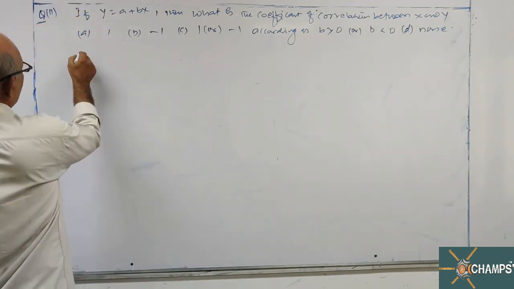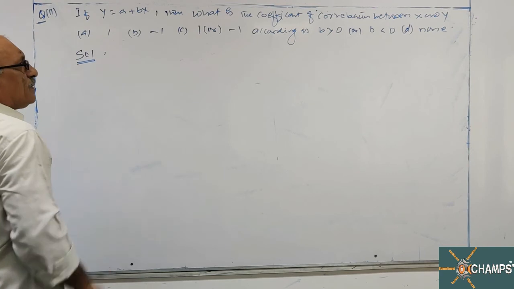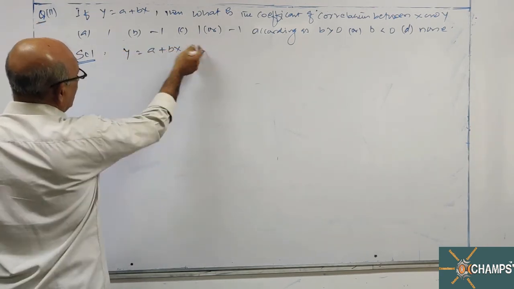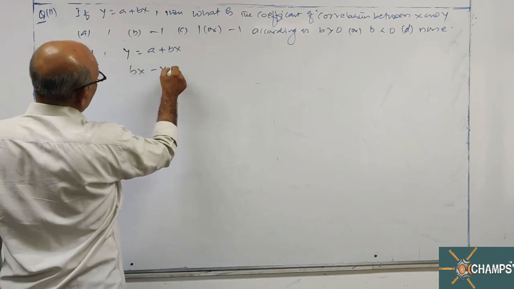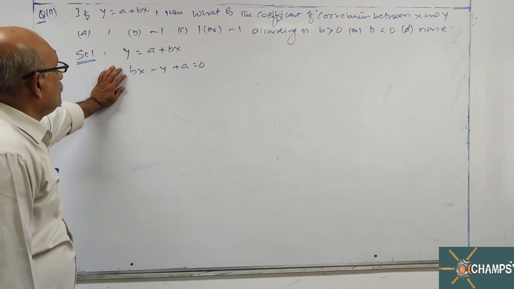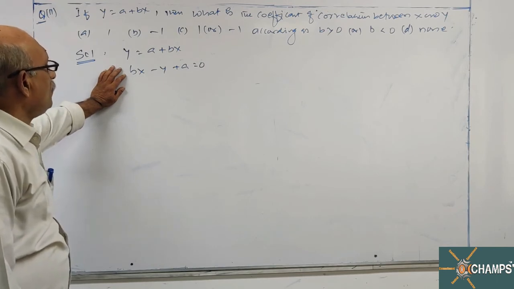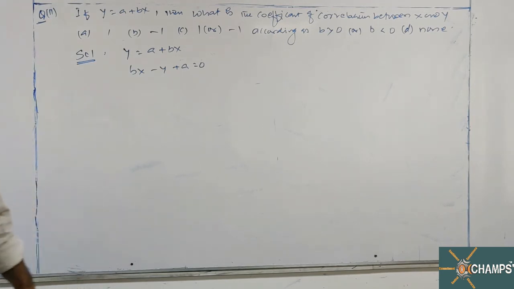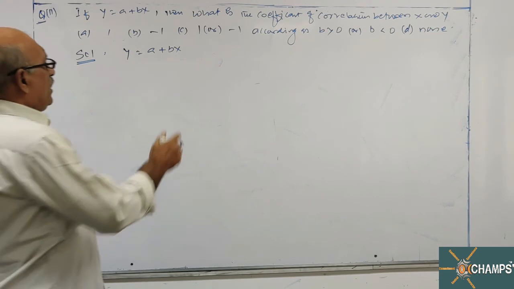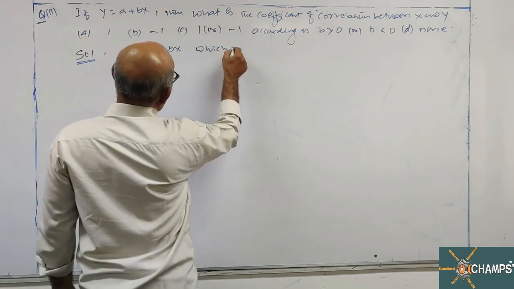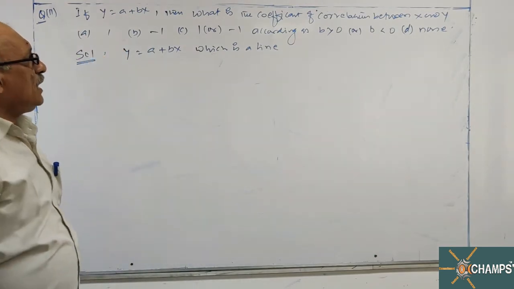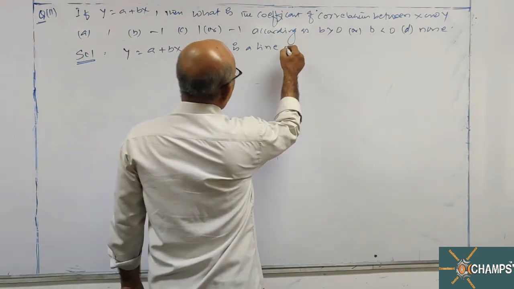Now look at this solution, very simple question. Y is equal to a plus bx. Take y to other side: bx minus y plus a equal to 0. Or you can keep it as it is, y is equal to a plus bx, which is a line equation.